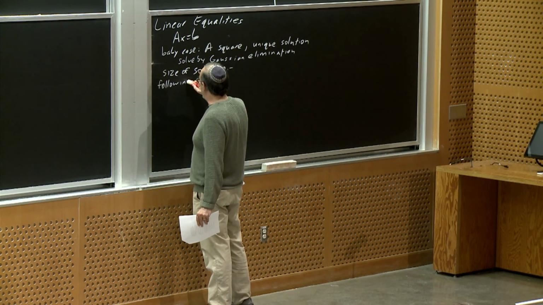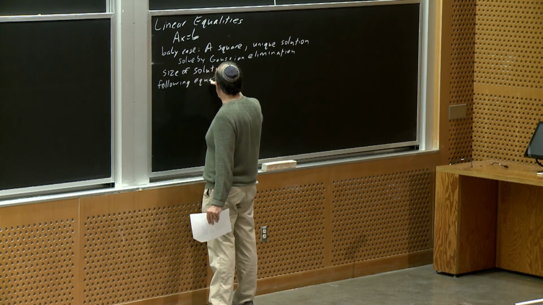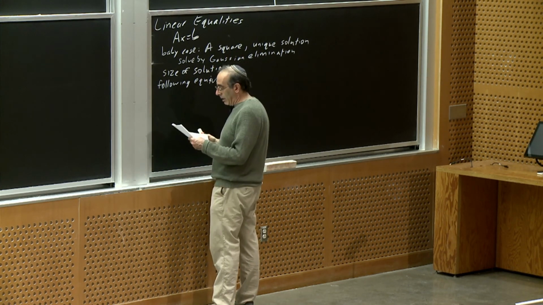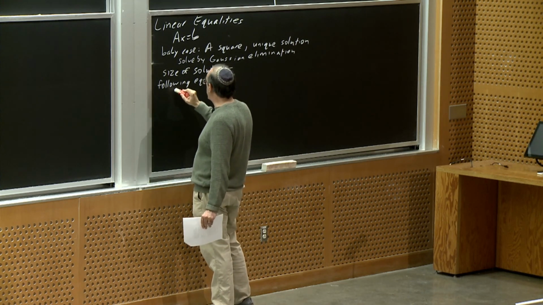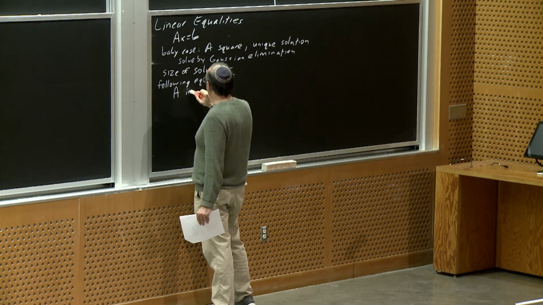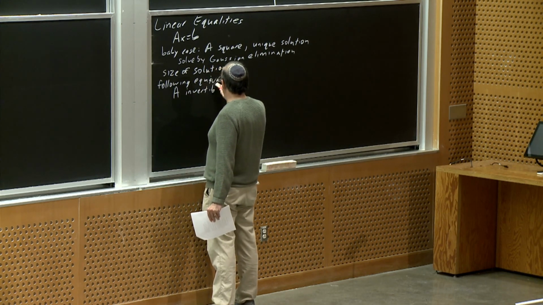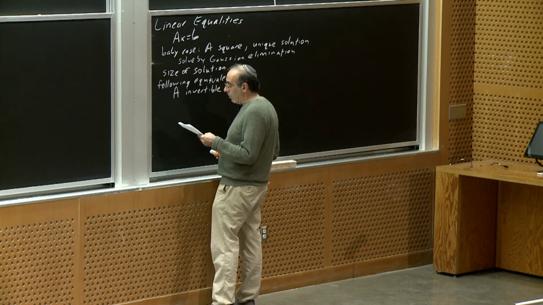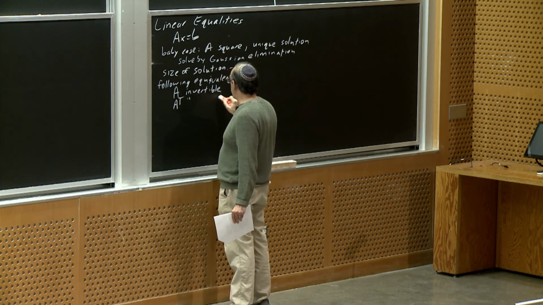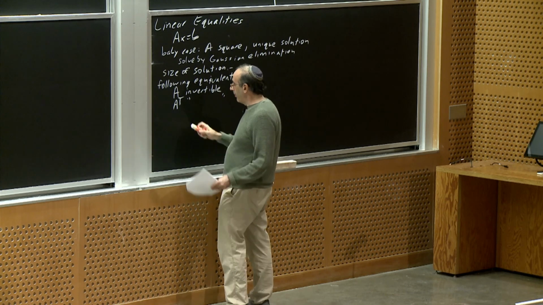Let me just mention that when it comes to a square matrix, as you know, the following are all equivalent. In terms of solving AX equals B, in order to do that, you generally want A to be invertible. This is the same as having the transpose of A be invertible.